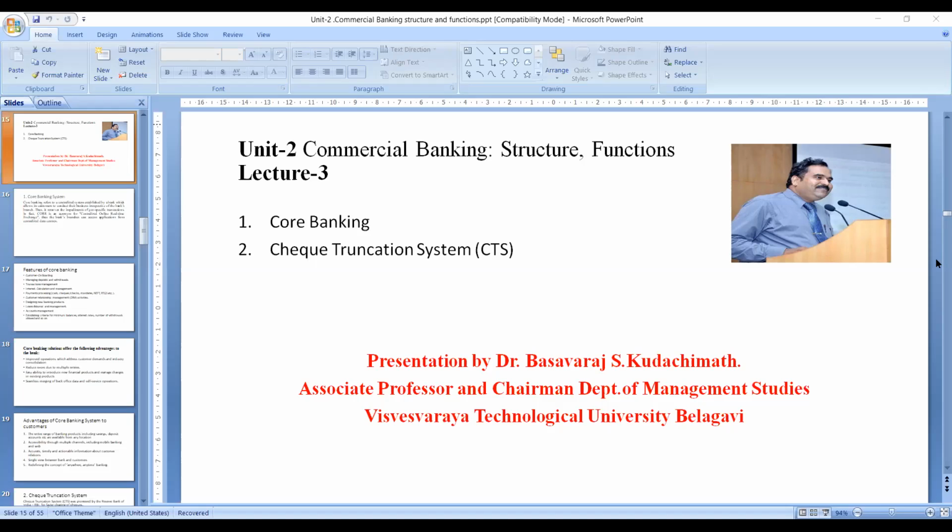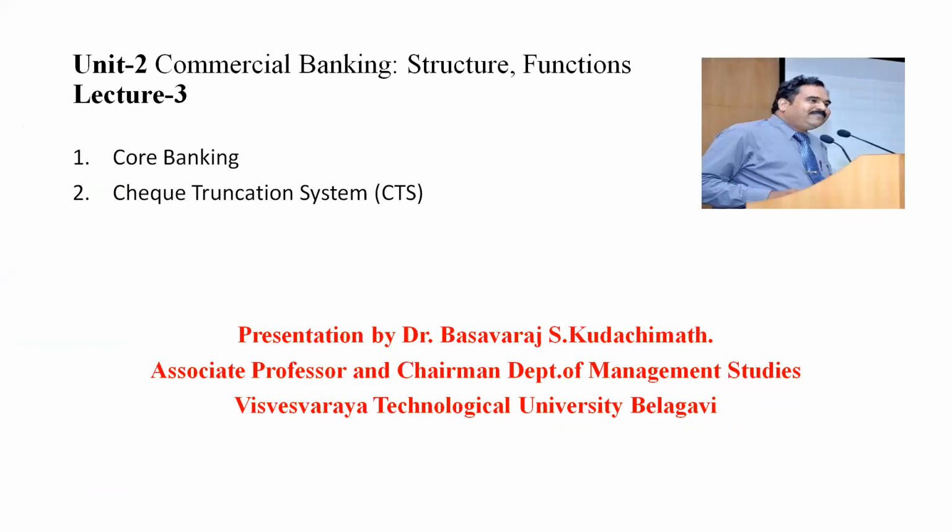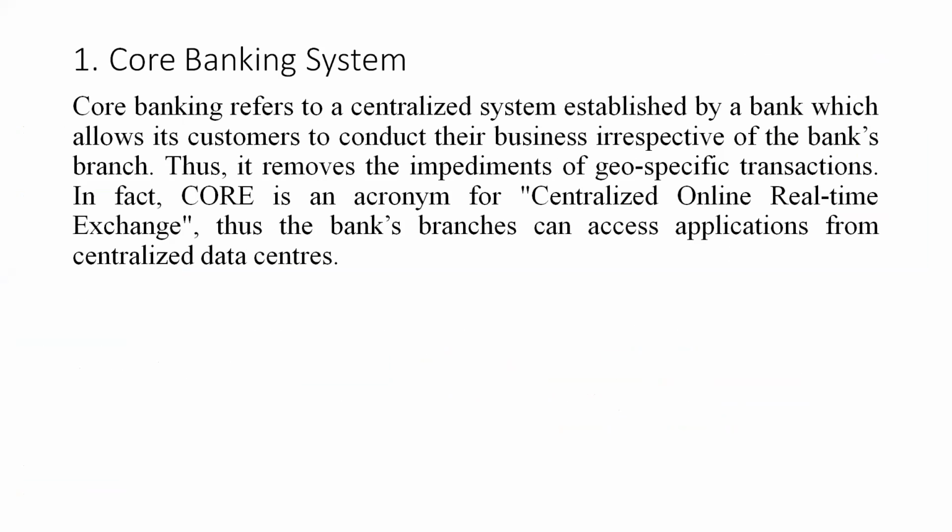If you see the core banking system, you will find that all banks work as a single bank. The branches of all the banks are consolidated and brought under a single platform. Core banking refers to a centralized system established by a bank which allows its customers to conduct their business irrespective of the bank's branch.